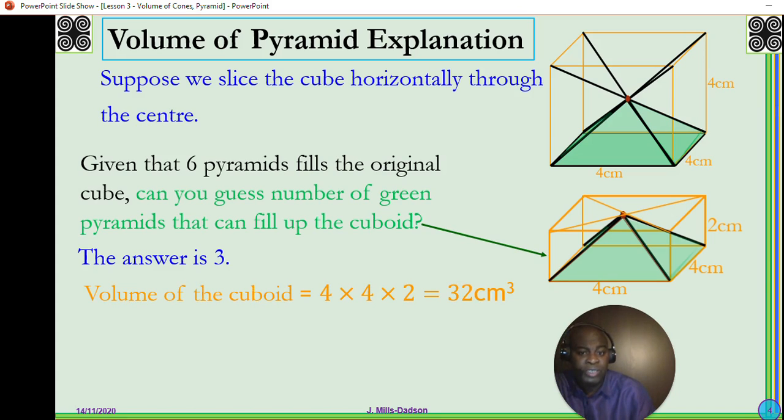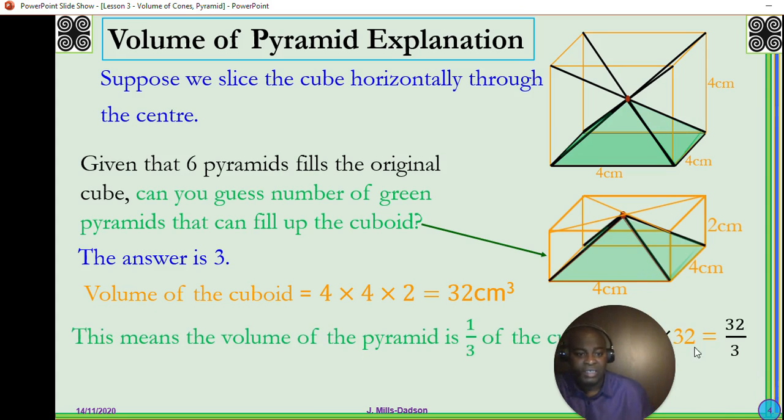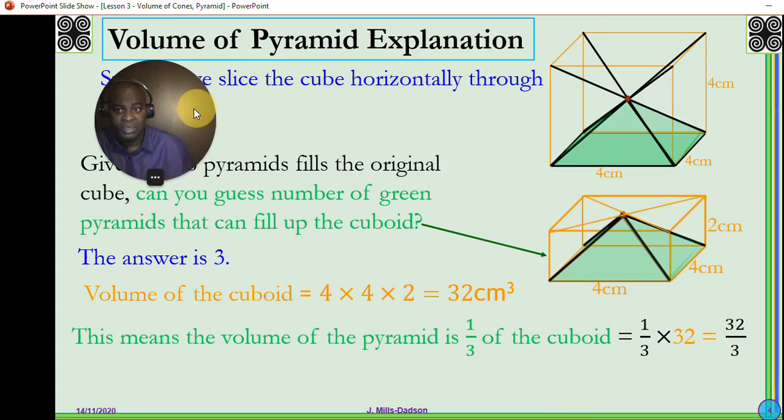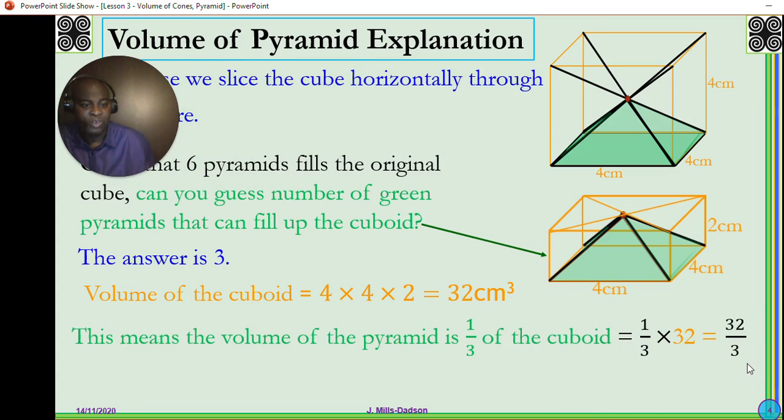Volume of the cuboid is 4 by 4 by 2, 32 centimeter cube. And if the pyramid is a third of the cuboid, we can say that the volume of the pyramid again is 32/3, the one we had in the previous slide.